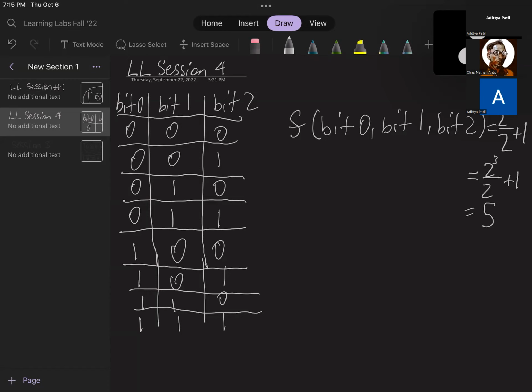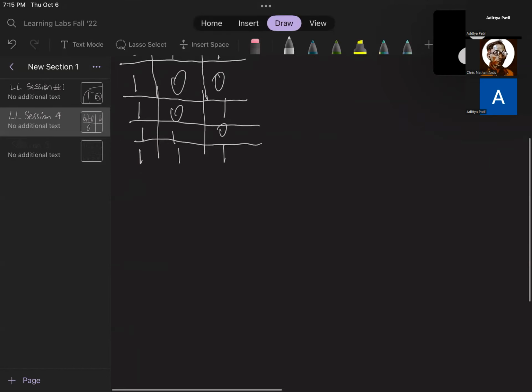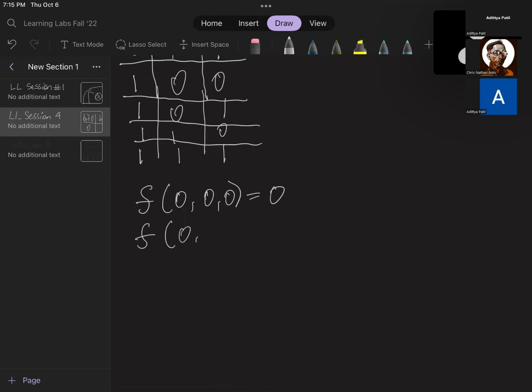Continuing off of what Sarvesh just said, I can explain why it would take 2 to the power n divided by 2 plus 1 tries. Say, for example, we have f of 0, 0, 0, and this outputs 0. Similarly, f of 0, 0, 1 outputs 0. F of 0, 1, 0 outputs 0.